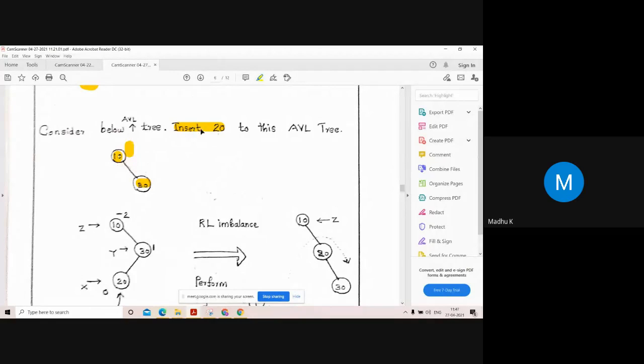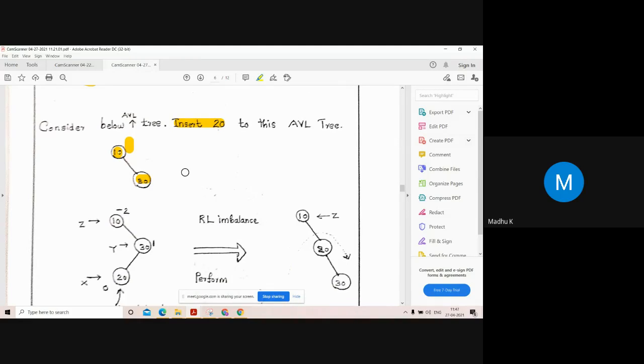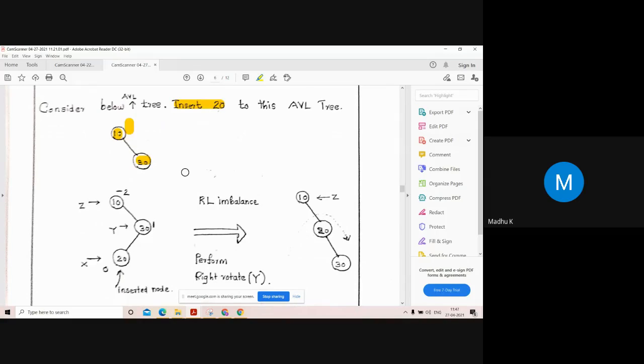Now we want to insert 20 into this AVL tree. Just concentrate on how we can do it. Where will we insert 20?